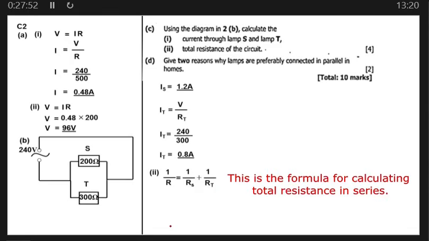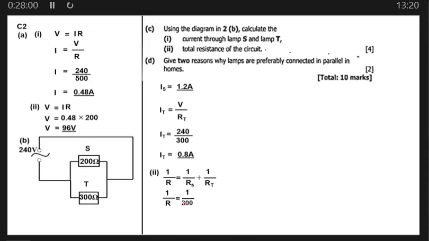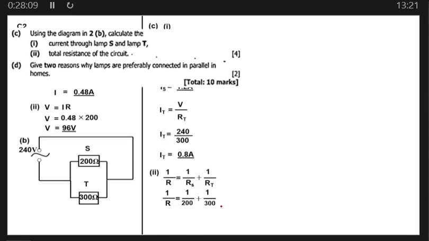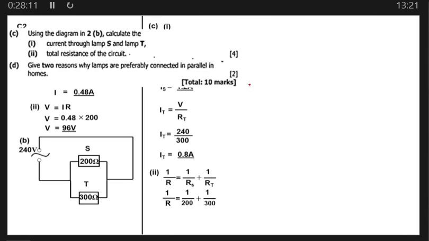Then we say 1 over R is equal to 1 over 200, RS is 200, plus 1 over 300. Then let's move this one and draw a line here. Then let's answer it from here.